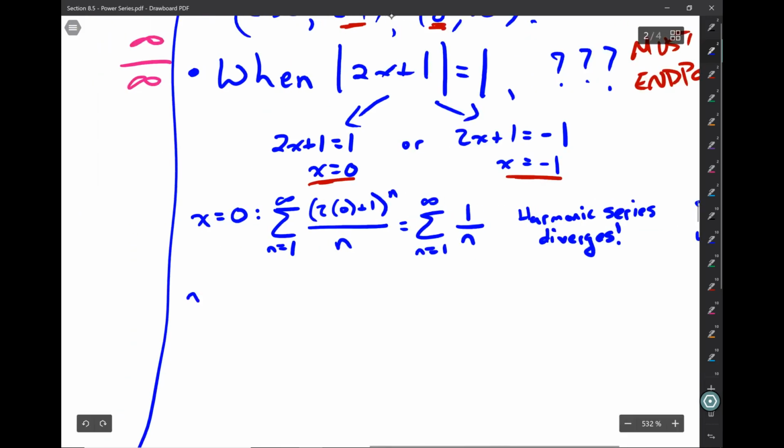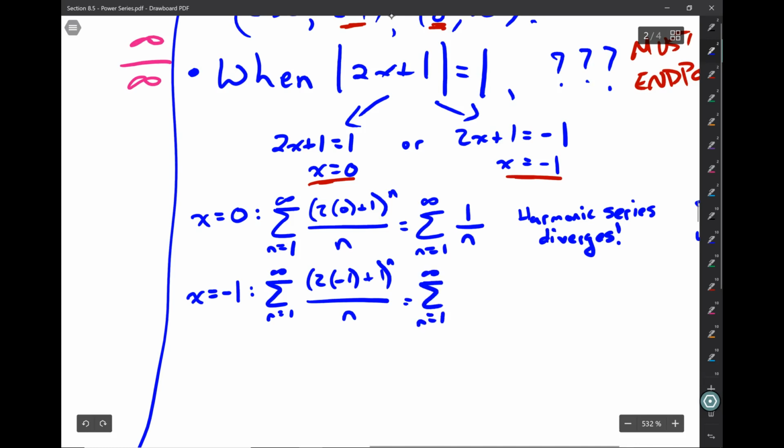On the other hand, we have the other endpoint of when x is negative 1. So we get a sum as n goes from 1 to infinity. Same thing, but we're replacing x with negative 1 instead of 0. And 2 times negative 1 is negative 2. If we add 1 to that, we get negative 1. And what we end up with is a fairly familiar series. Negative 1 to the power of n over n.